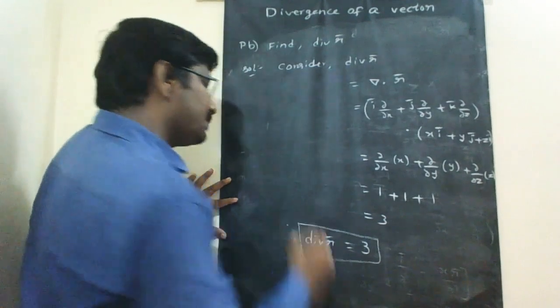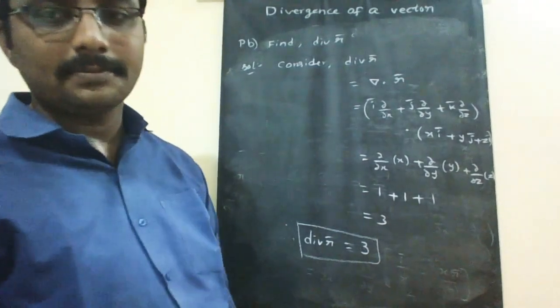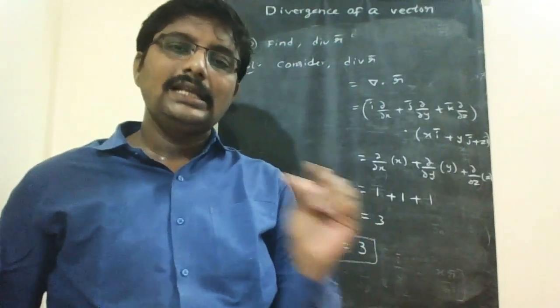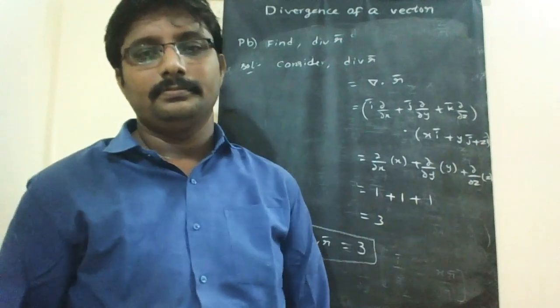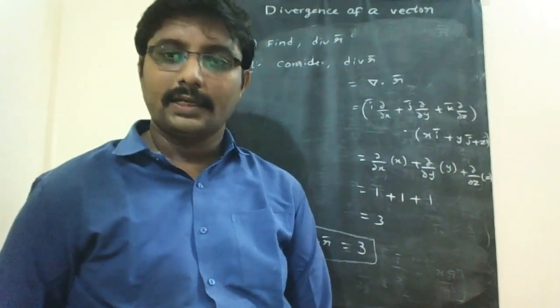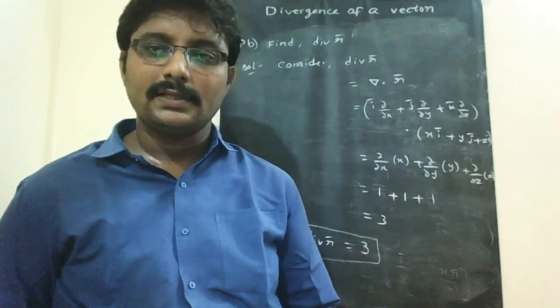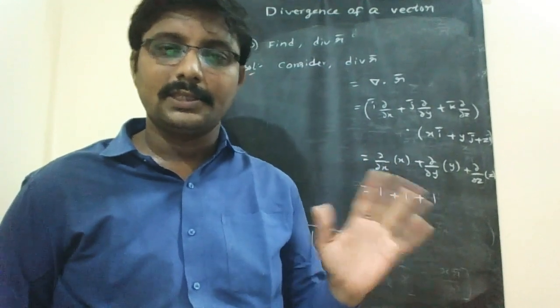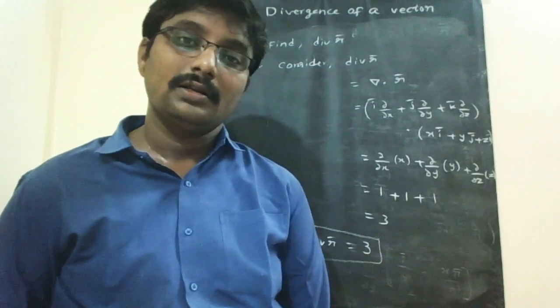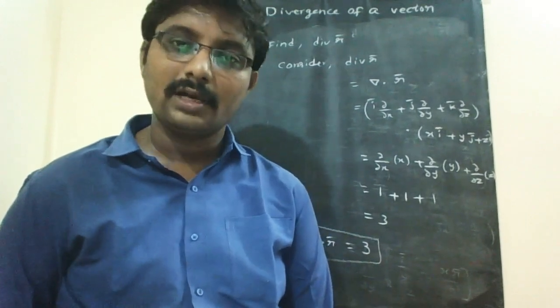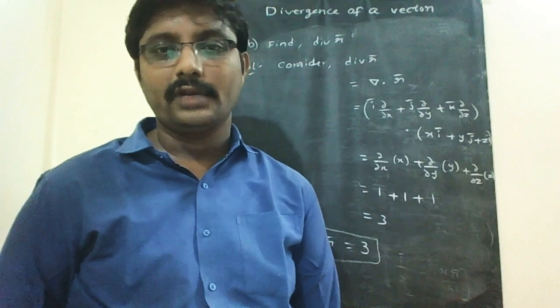So it is also a simple, important result. Whenever there is a del dot r bar, just replace it with 3. In vector identities, in our properties also, del dot r bar is always 3. But curl of r bar is 0 bar. Curl of r bar is 0 bar. So don't forget these values.